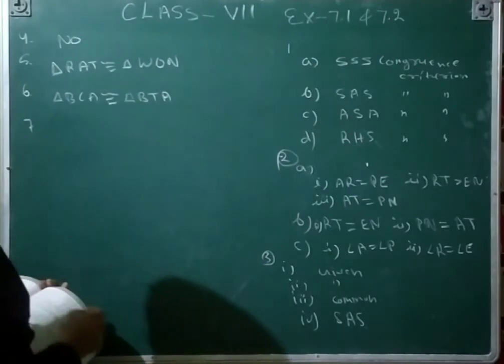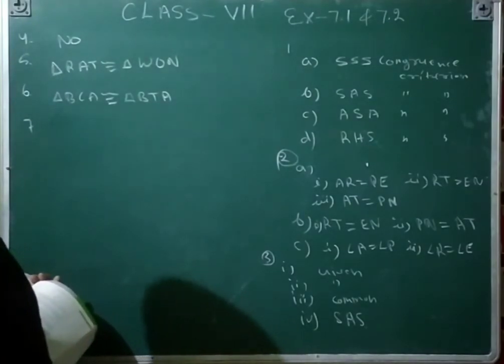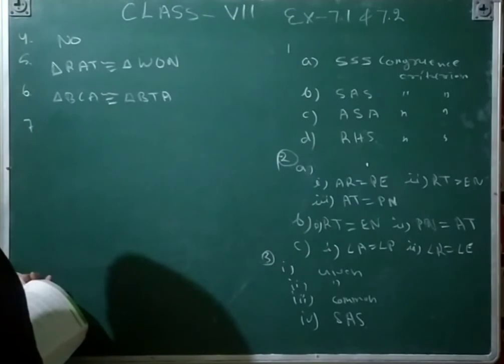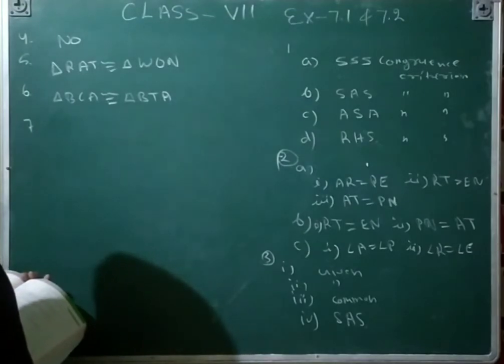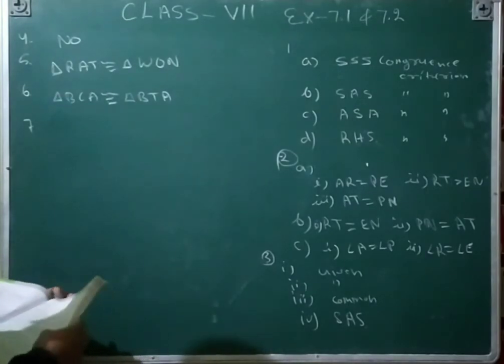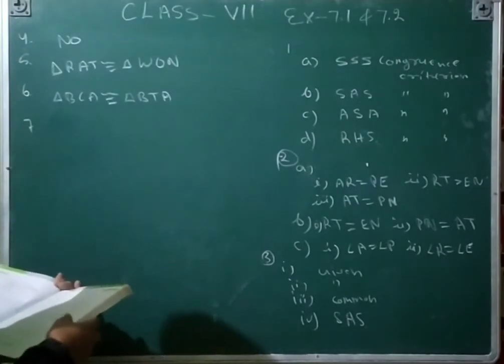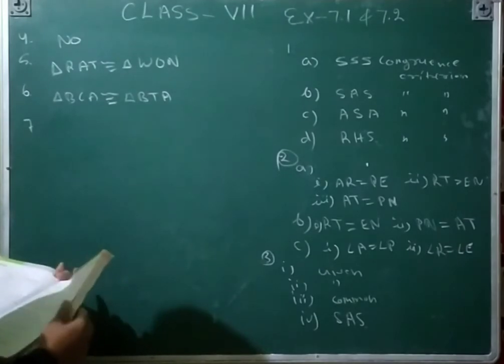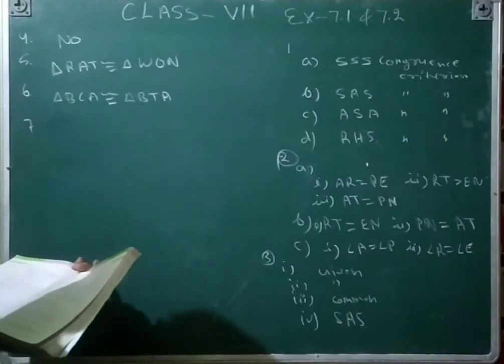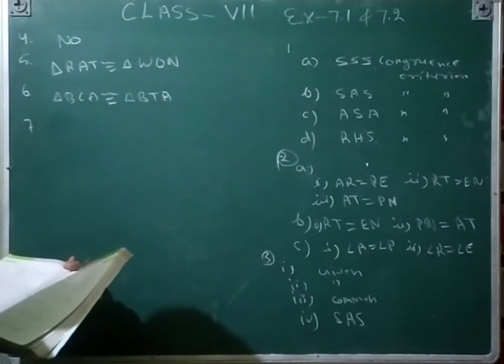Question 7. In a square sheet, draw two triangles of equal area such that the triangles are congruent. This is an activity type of work. First of all you take a square sheet, and then you cut it into triangles of equal area.